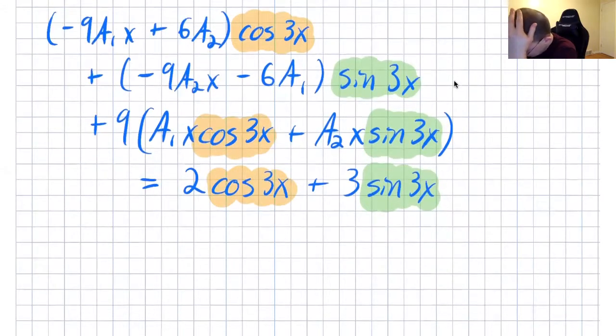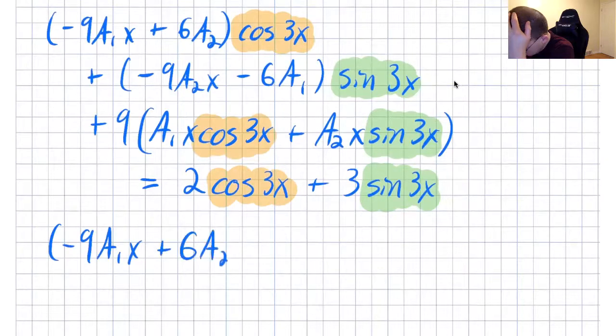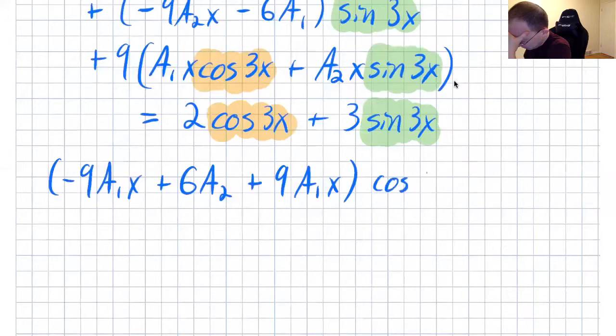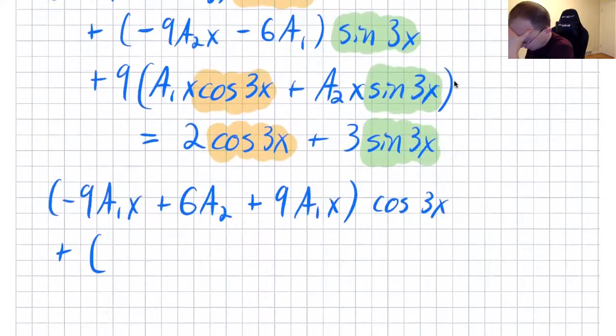Okay, so let me simplify that left-hand side. So this is going to be minus 9a1x plus 6a2, and then plus 9a1x. Oh, that's gonna cancel that. And then the sine 3x is minus 9a2x minus 6a1.